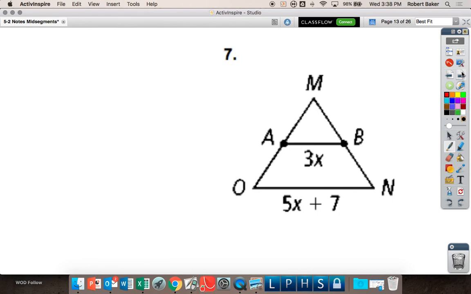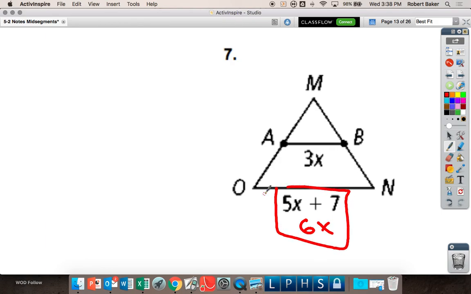No. That doesn't work. So you have the right concept, but you do like everybody does, and you mix the things up. So what were we doing earlier? Like if the mid-segment is 3x, how long should it be down here? 3x times 2. We should double the mid-segment to get to this length. So what is 3x times 2? 6x.